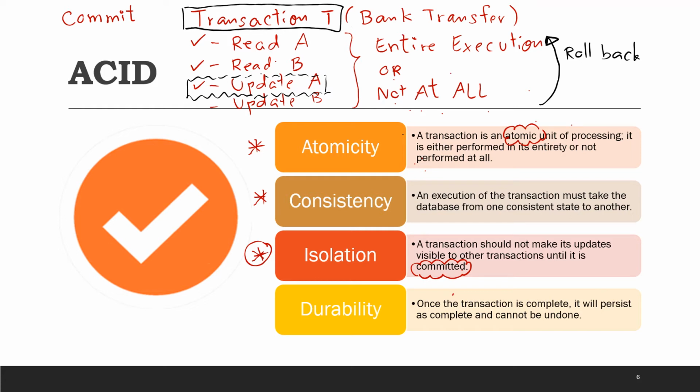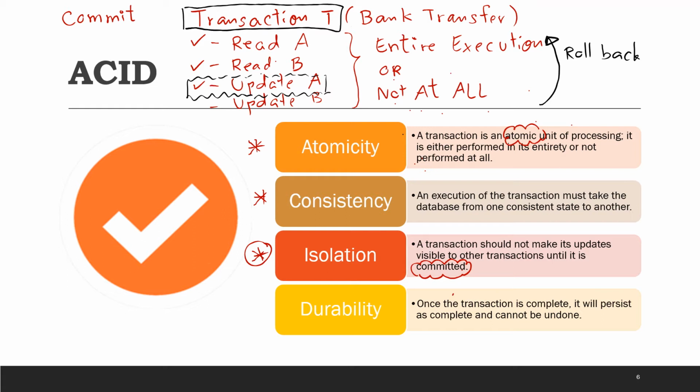It means that a transaction can be rolled back at any time because a failure could occur, right? So if a transaction that is not committed can be rolled back, it means that any changes made by that transaction will not be permanent yet. So other transactions should not see the update of the uncommitted transaction at all.